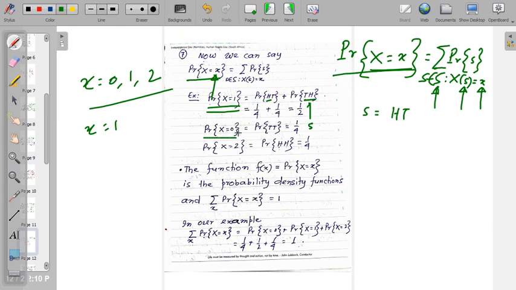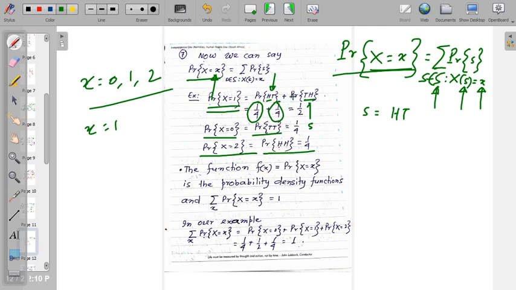The probability X equal to 0 will be the probability of TT, and the probability X equal to 2 will be the probability of HH. And the probability of HT, if I am flipping two coins simultaneously, what will it be? 1 by 4. Out of 4 outcomes, we have 1 favorable case.